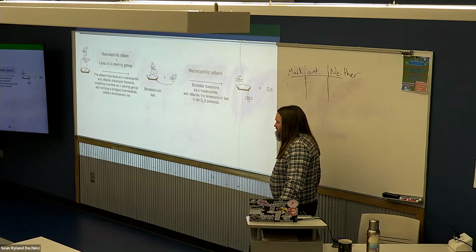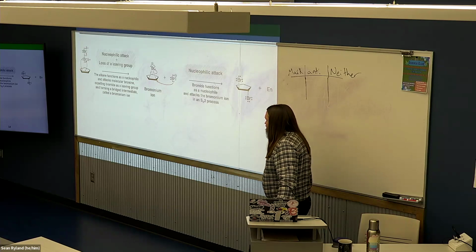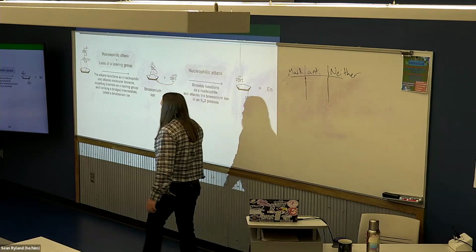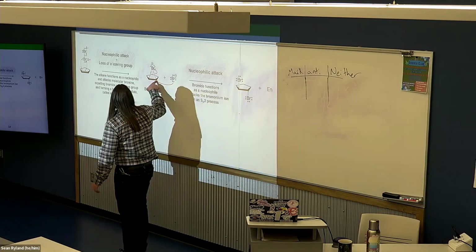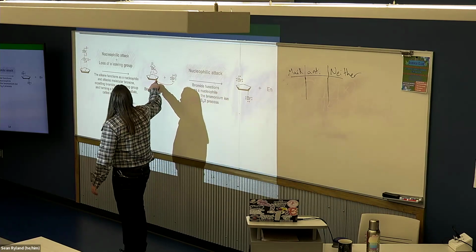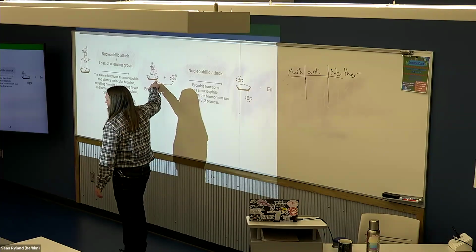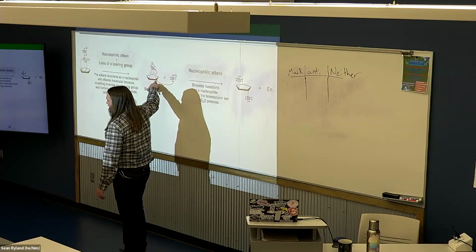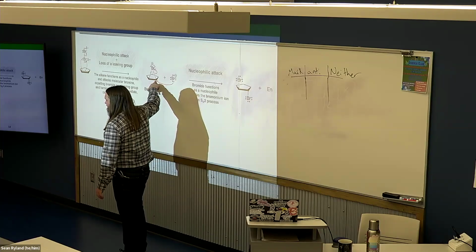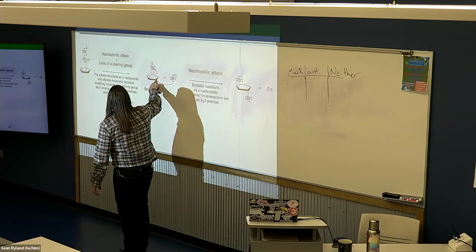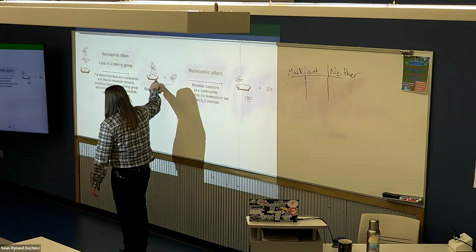The lone pair on the bromide in this second step doesn't attack this other bromine, it attacks the carbon. Because in a carbon-bromine bond, bromine is more negative than carbon, so there's a partial positive on this carbon.